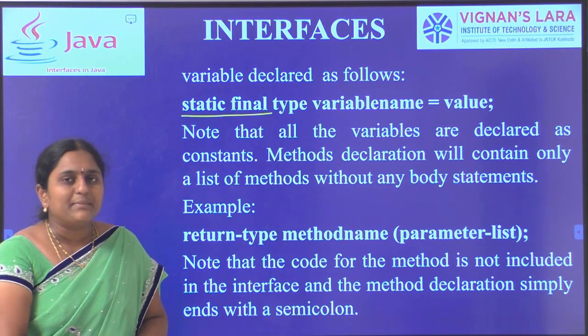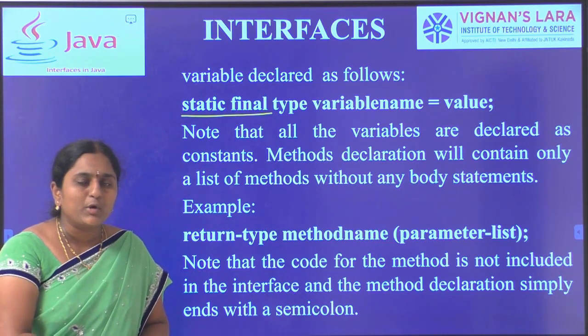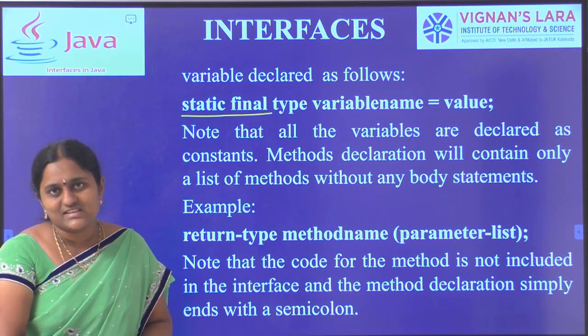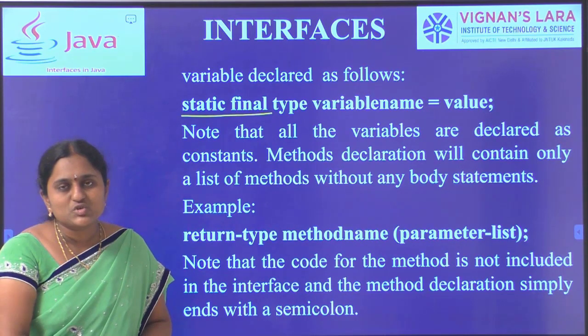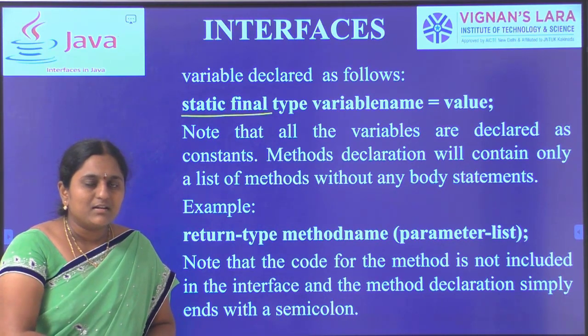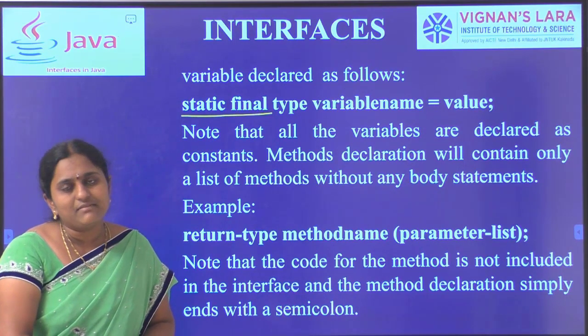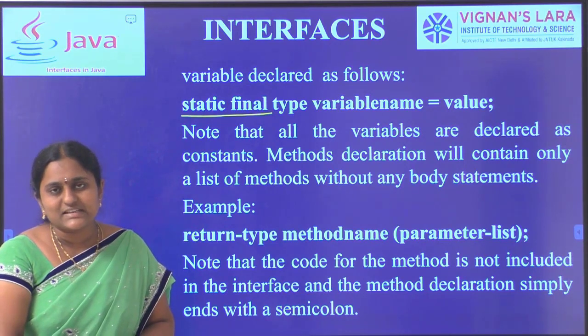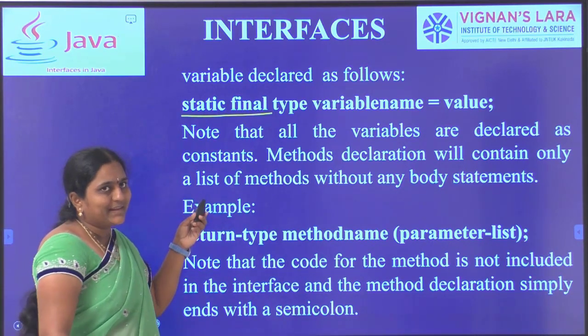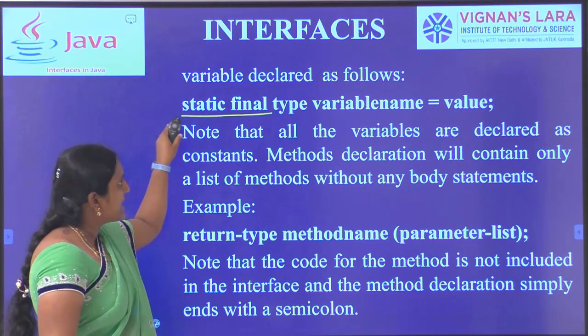Any variable can be declared as final, and it acts as a constant in Java. Final variables never change at the time of program execution. When a user tries to change the final variable value, it leads to an error at compilation time.